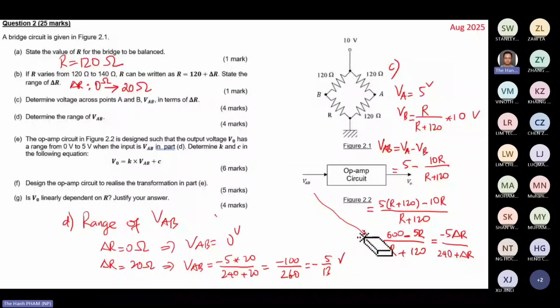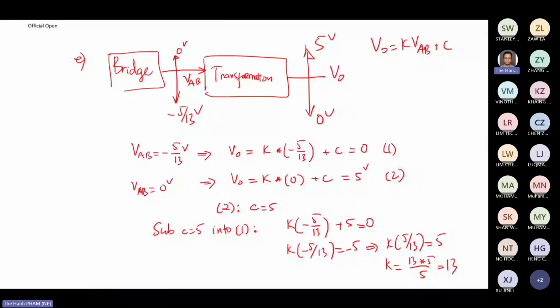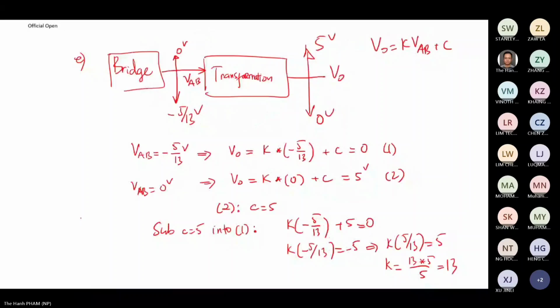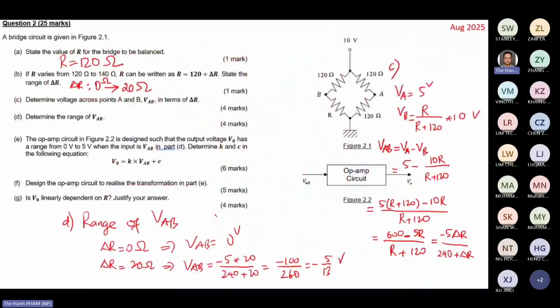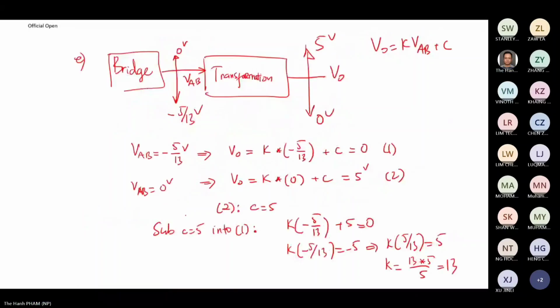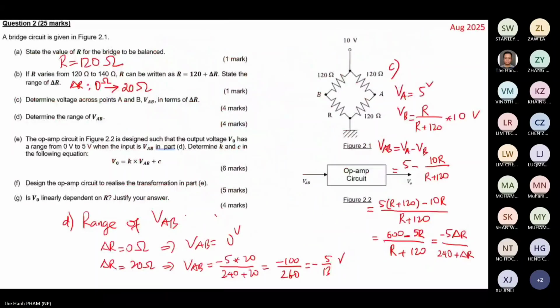In another way, you can think of this. Now, here, this is function G for VAB, which is (600 minus 5R) over (R plus 120).